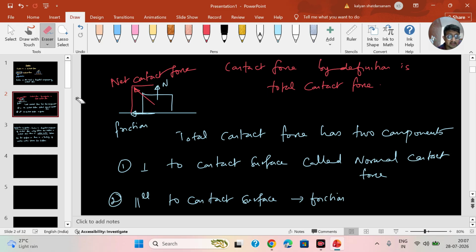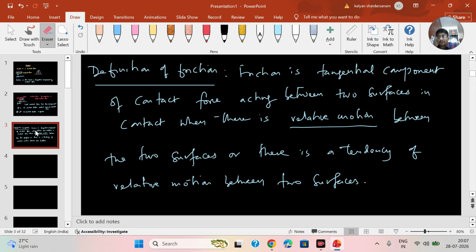So there must be two surfaces in contact, and either they are in relative motion, that means with respect to one surface, the other is moving, then friction acts, or there is a tendency of relative motion. That means there is no relative motion, but somebody is trying to move the two surfaces separately. Then also friction can act.